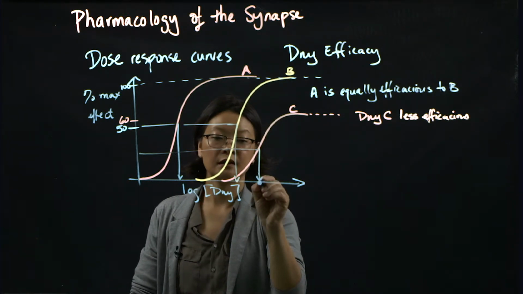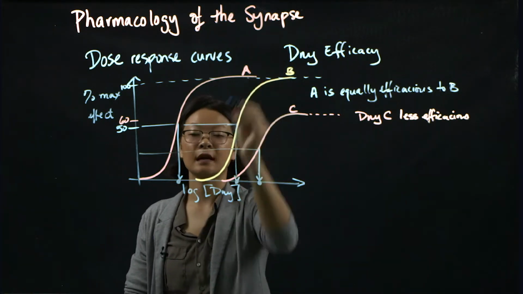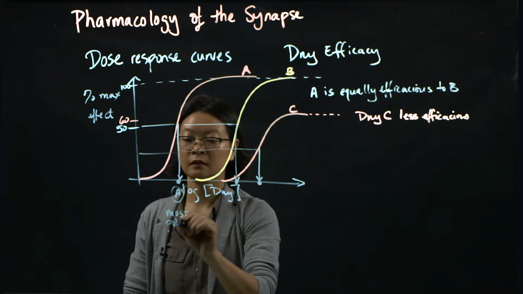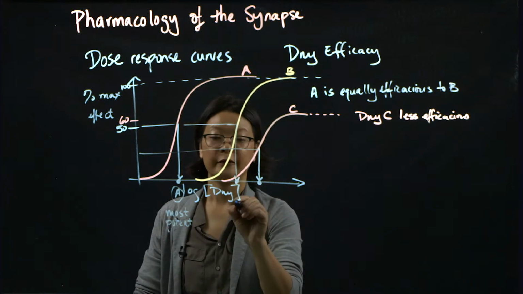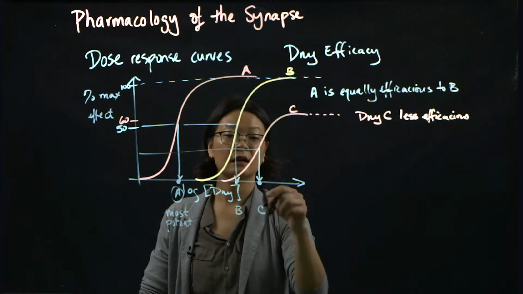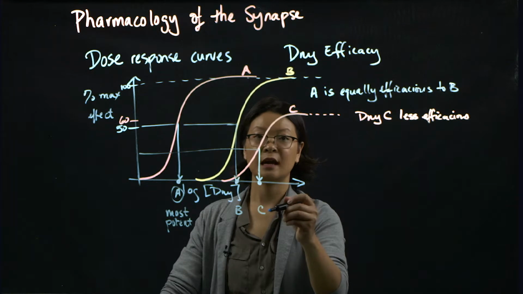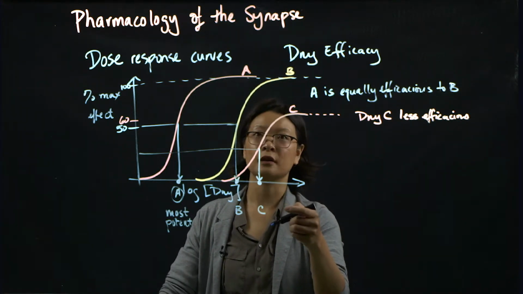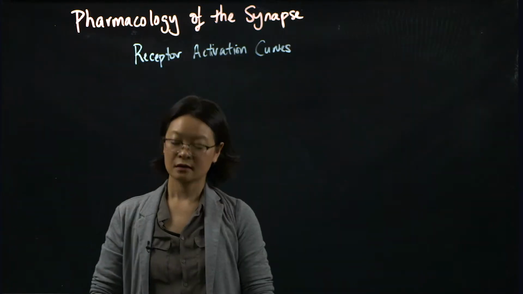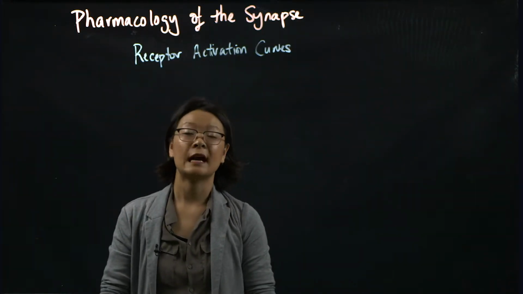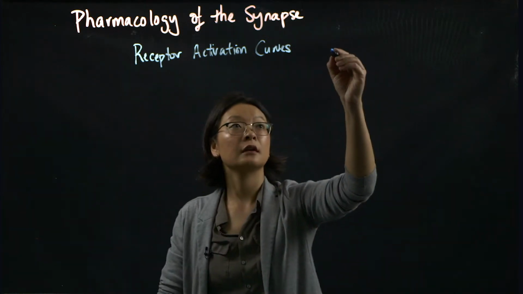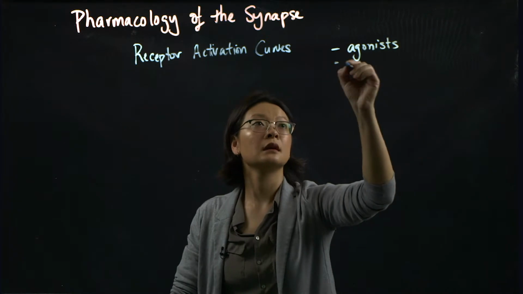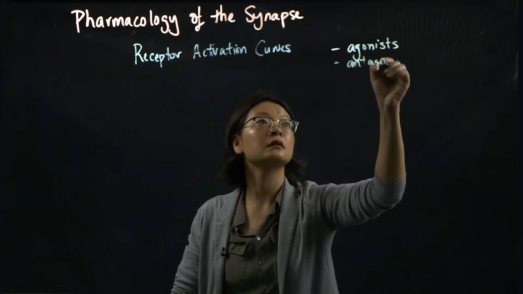And when we take a look at these 3 points, drug A is the most potent, followed by B, followed by C. C is a drug that can be described as having lower efficacy and lower potency compared to drugs A and B. So the next concept that we're going to cover are receptor activation curves, particularly agonists and antagonists.